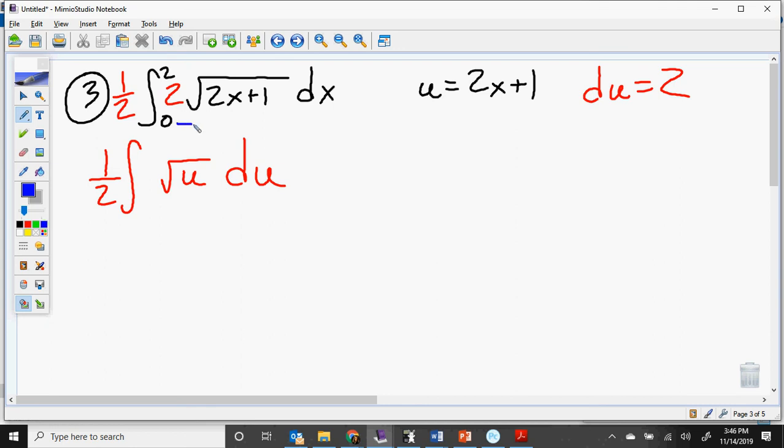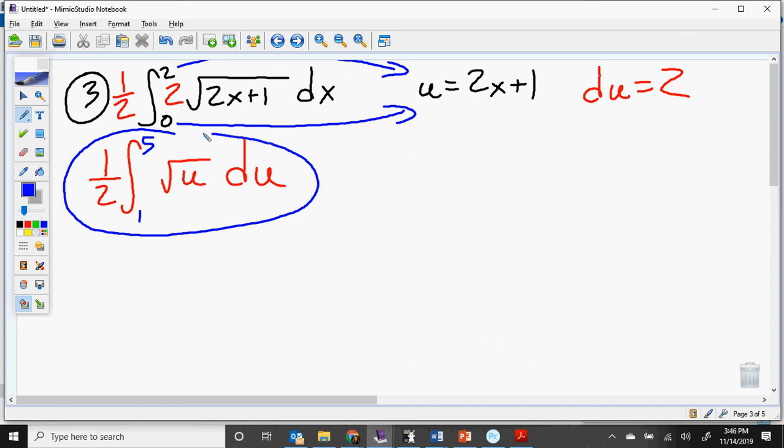So if I plug these into u, well, 0, if I plug in, I get 2 times 0 is 0, plus 1 is 1. If I plug 2 in, 2 times 2 is 4, plus 1 is 5. And that's it. I'm going to stop right there. I could obviously keep going and find that integral, but they didn't want me to. They just wanted to see if I could get that far. So I'm looking at my answer choices, and I see that matches up to answer choice C.